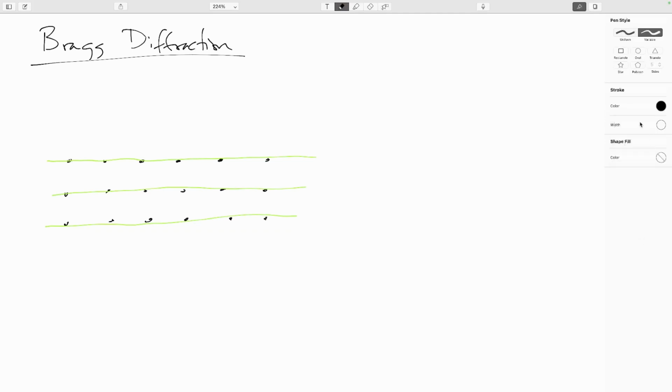So again, as always, we measure angles with respect to the normal. So let me just go ahead and erect a normal, like so. Remember, normal is just a line that's perpendicular to the surface.